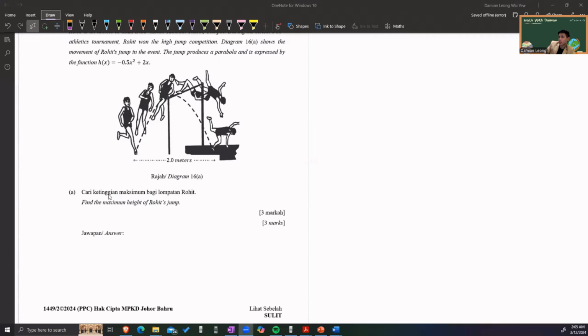Maximum, okay, we can actually use the axis of symmetry formula, negative b over 2a, negative 2 over 2 times negative 0.5, which is 2.